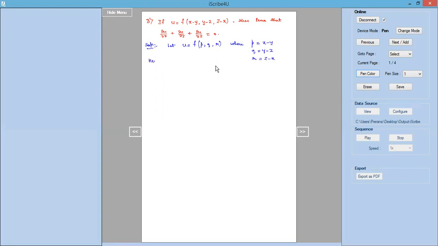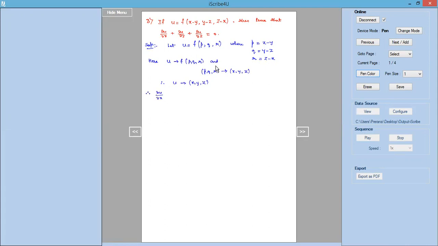So here the analysis of the problem gives us u is a function of p, q, r and p, q, r are functions of x, y, z. Therefore, u will be a function of x, y, z. Hence the partial derivatives dou u by dou x, dou u by dou y and dou u by dou z exist. So let us write down now the formula for each one of them.